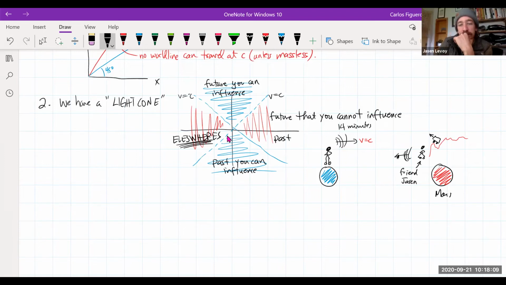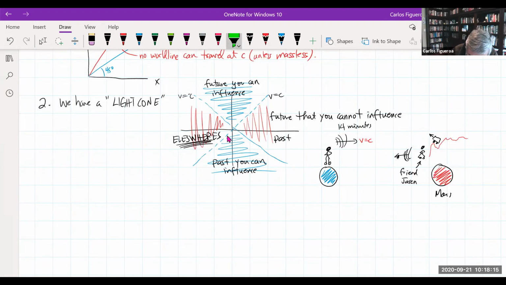It's elsewhere. We don't know where it's at. But this thing can actually move into this region right here, into your future. It's just that you can't do anything about it at that time. Okay. So in essence, this line right here represents the future and the past.